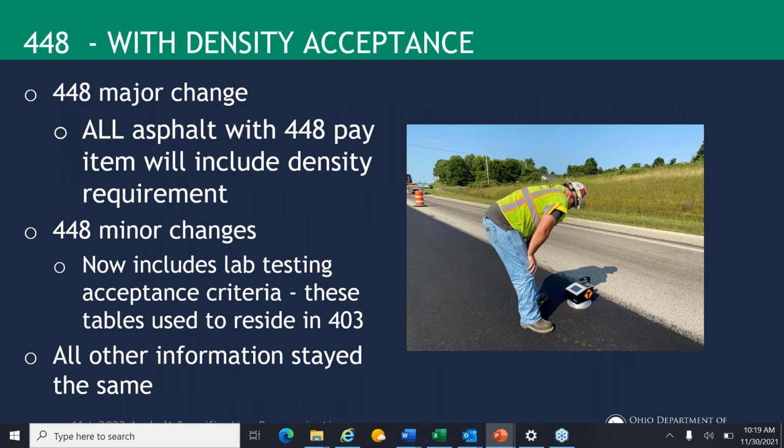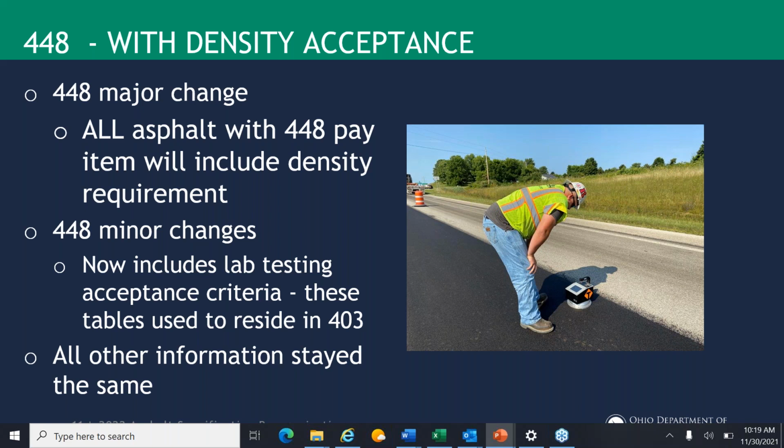For 448, this is a major change, and Dave pointed this out. All asphalt specified with 448 acceptance will have a density requirement, which is using supplement 1055, the asphalt mat density by gauge testing. So this is a major change.